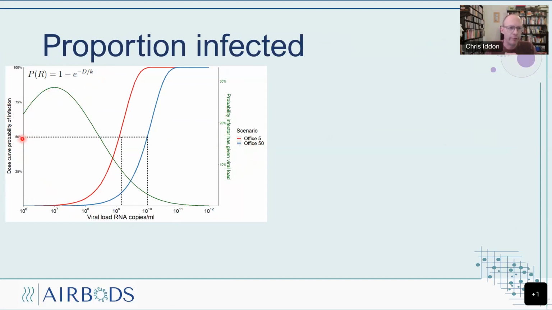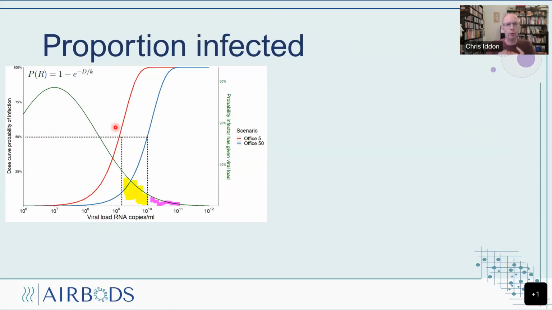We can see here that for a 50% probability of infection, you can get away with a lower viral load in the 5-person office than in the 50-person office. If you recall, the relative exposure index was 10 times higher in the 5-person office. So that's why you can get away with infectors with a lower emission rate that will lead to an infection.